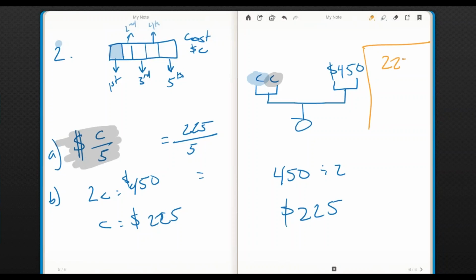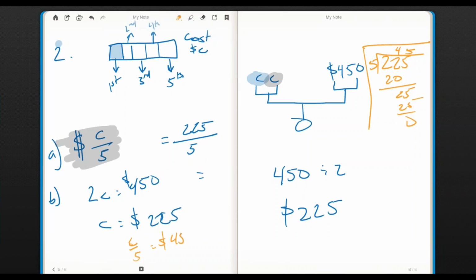Of course you could take 225 and put a dividing sign over it and take 5 into 22 and 5 into 25, and that gives you an answer with no remainder, an answer of $45 each, right? So C divided by 5 is $45 for each person.